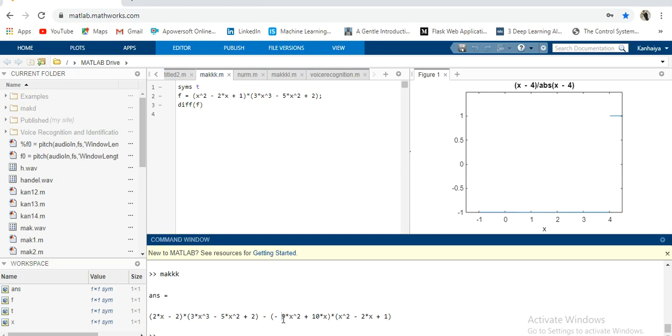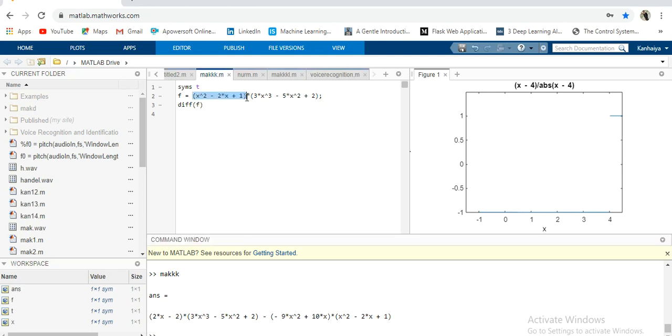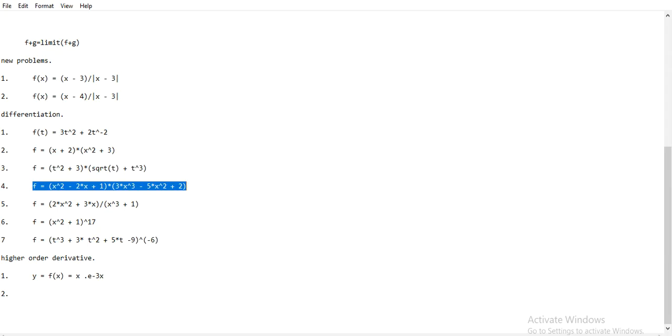Yeah, 2x minus 2, because if we take this as f1 and this as f2, then when we differentiate f1, manually it should be 2x minus 2. 1 is a constant, so it will become 0. 2x minus 2 into f2 plus f1 into f2 prime. So the answer is correct, right? Now let's move to the next problem.